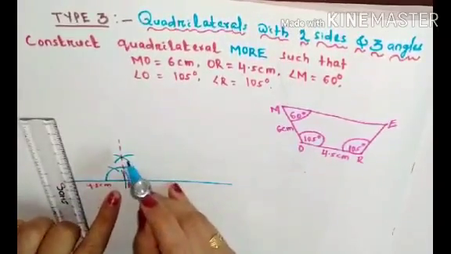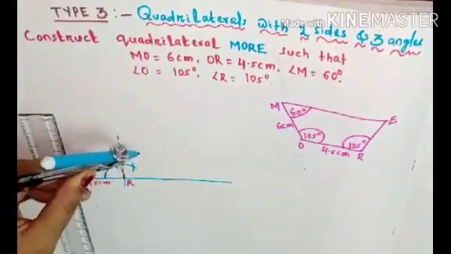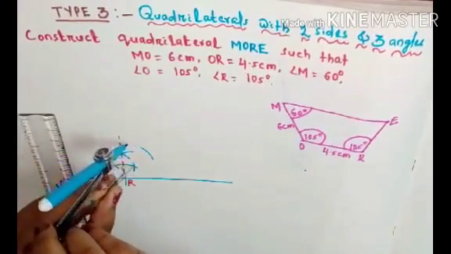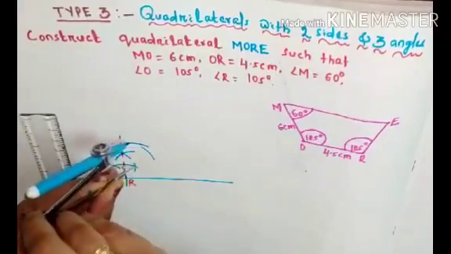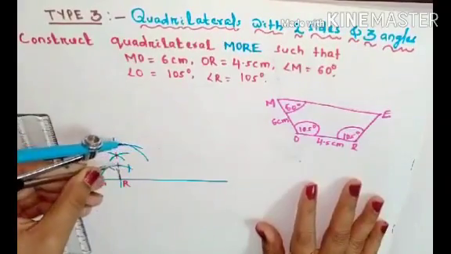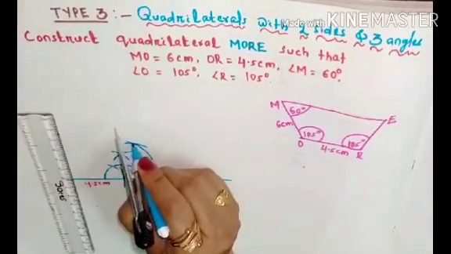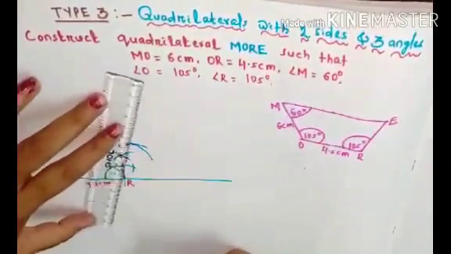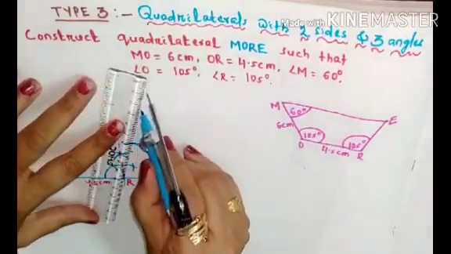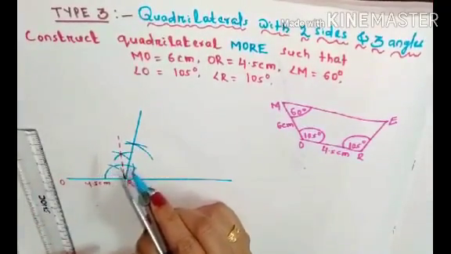So look here, taking 90 as a center and 120 as a center, you have to draw another arc. Look here, here I am getting the point. So I have to join the line. So I got my angle 105 degree.